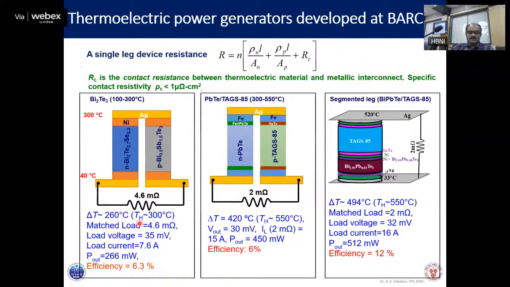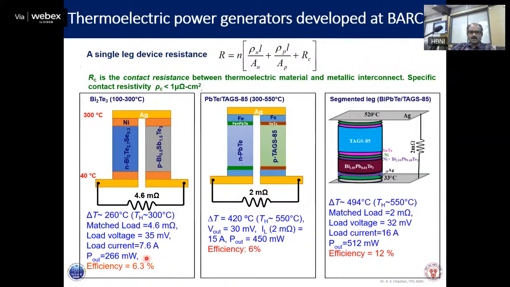These are the compounds which we are using, bismuth telluride based only, with different dopants, and this is the structure. 300 degrees centigrade is the hot end for the low temperature range, and the cool end is at 40 degrees centigrade.